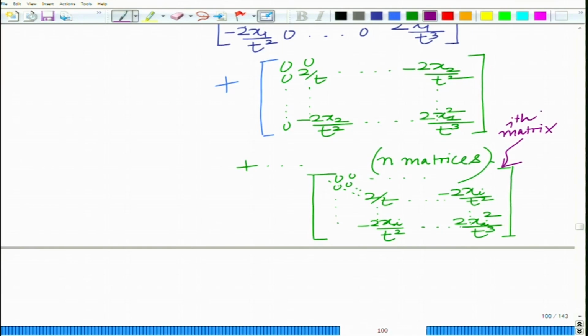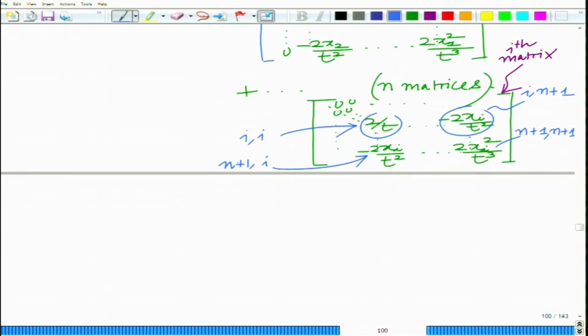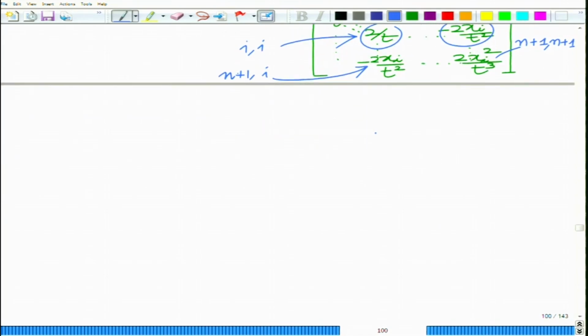You can think of this as the ith matrix. This is your I comma n plus 1th element, this is your I comma ith element, this is your n plus 1 comma ith element, and this is your n plus 1 comma n plus 1th element. So, this is the structure. You can decompose it into such matrices.